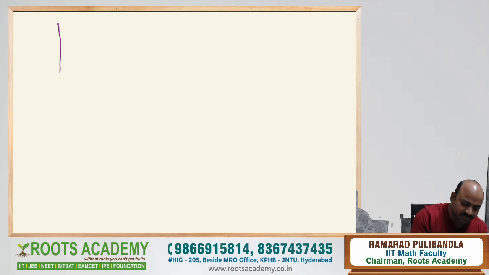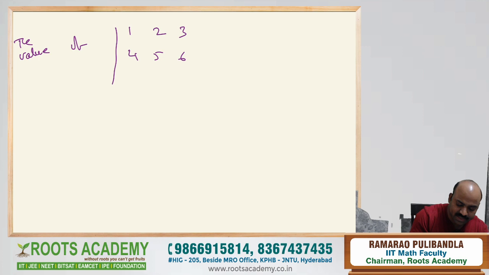The value of the determinant of 1, 2, 3, 4, 5, 6, 7, 8, 9 is dash. Quickly give me the answer, students.